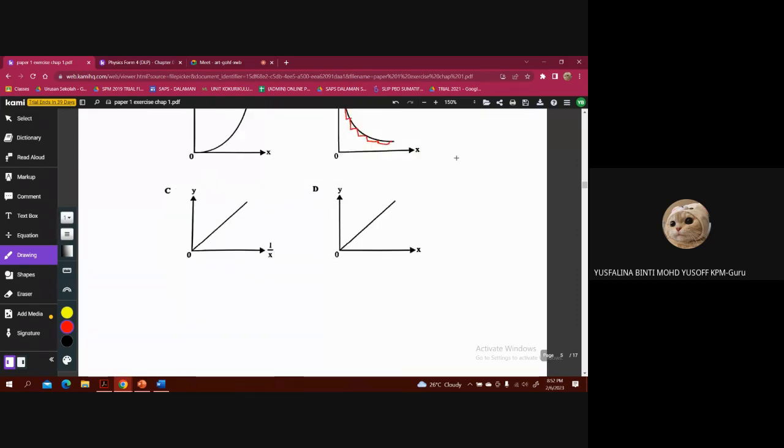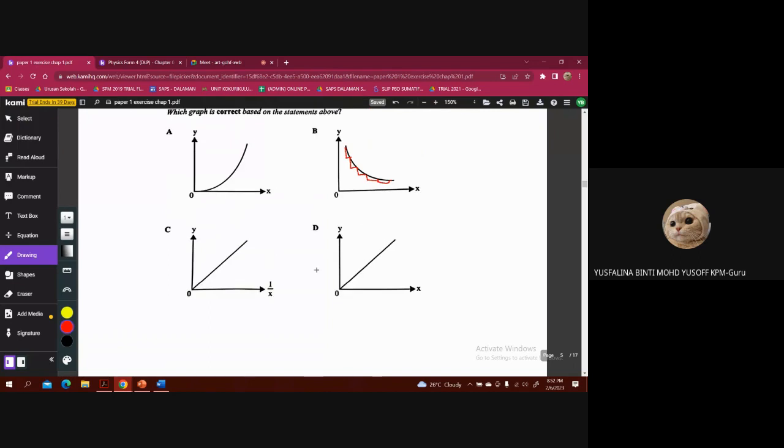Okay, let's see C. This is the graph when they change to 1 over x. If they change the graph to y against 1 over x, it becomes a straight line. Actually, the graph of y against x is inversely proportional, but when you change x to 1 over x, it becomes directly proportional.